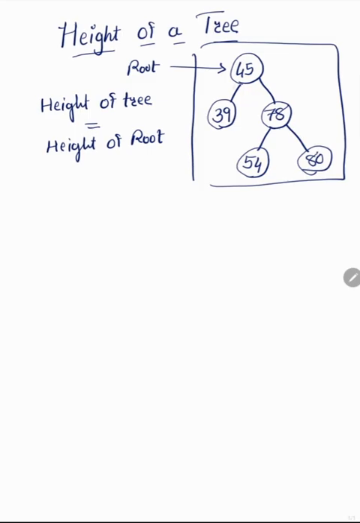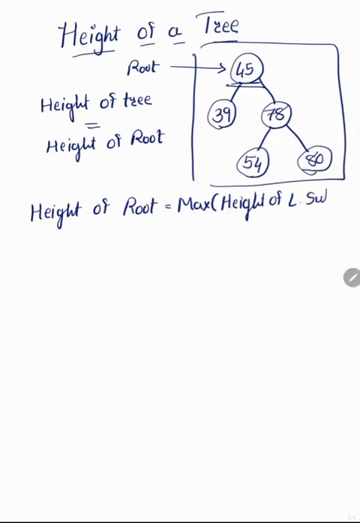Now for finding the height of the root, the formula is that the height of the root is equal to the max of the height of the left subtree and the height of the right subtree.